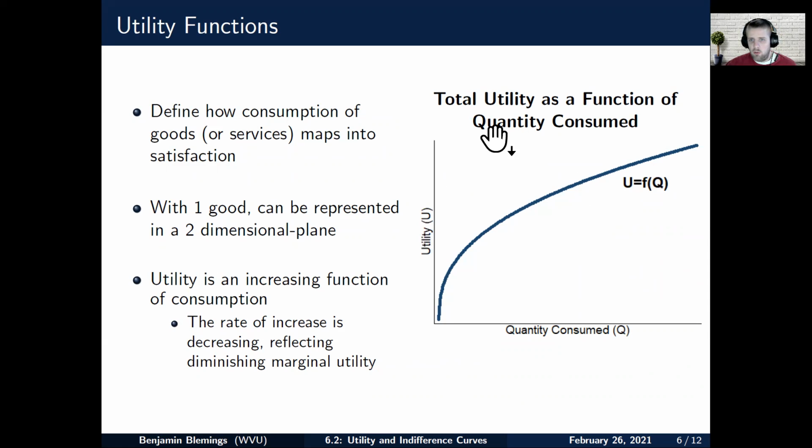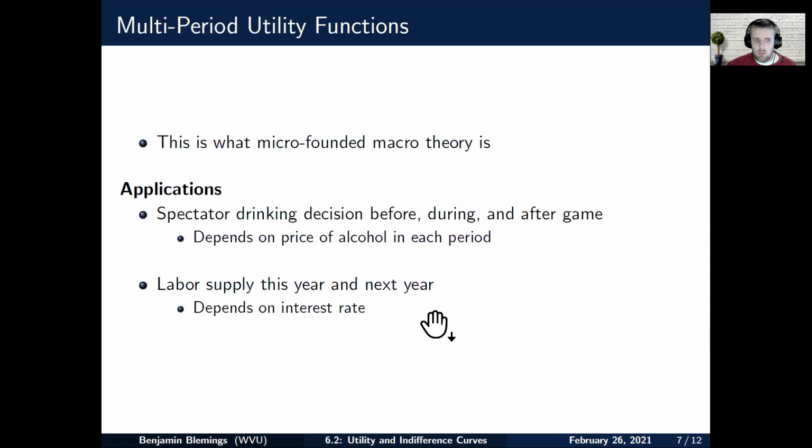We have our total utility as a function of quantity consumed. But a quick aside, we can have multi-period utility functions, and this is essentially what micro-founded macroeconomics theory is. There are some applications, like a spectator who drinks alcohol before, during, and after a football game.